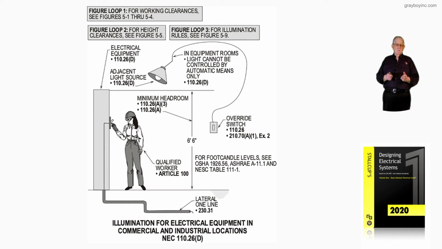For permanent foot candle requirements and levels, we could find it in ASHRAE A-11.1. And for substations, and many times vault areas, National Electrical Safety Code Table 111-1 that you see there in the illustration.